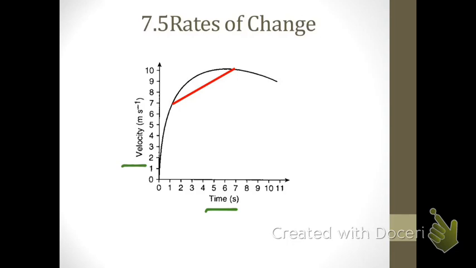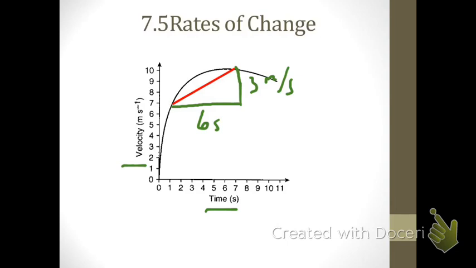This helps me find what's called an average rate of change. Going from 1 second to 7 seconds, over a 6 second time frame, the velocity changed from 7 to 10, changed by 3 meters per second.